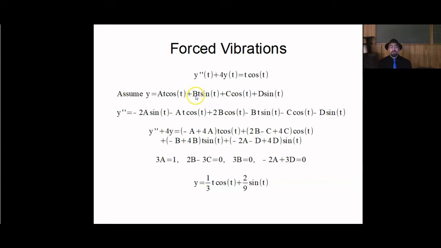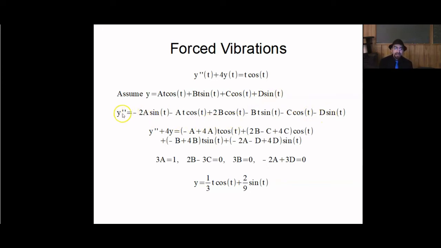Then I have 2 times derivative of bt, so 2b, times derivative of sine, cosine, 2b cosine. Then I take bt on its own and multiply by second derivative of sine t. That's negative sine t, so minus bt sine t. And then the c cosine and d sine, second derivative of sine and cosine are just negatives of themselves, so I have minus c cosine t minus d sine t.